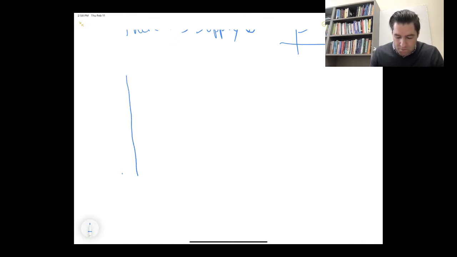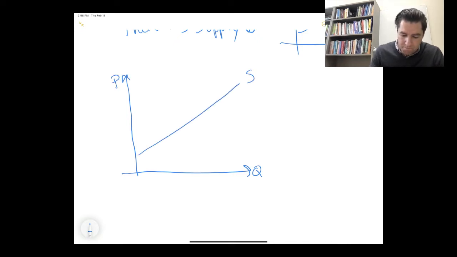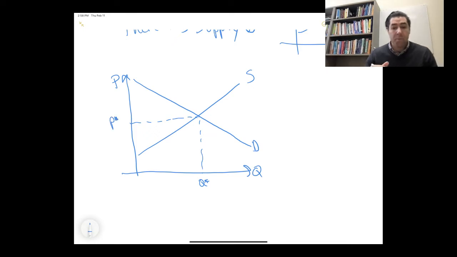So let me redraw a demand and supply curve. Here's supply and here's demand. And so we know that here's the equilibrium quantity and the equilibrium price. Now, in my previous examples, I was moving the price around to show how we adjust equilibrium and talking about shortages and surpluses.